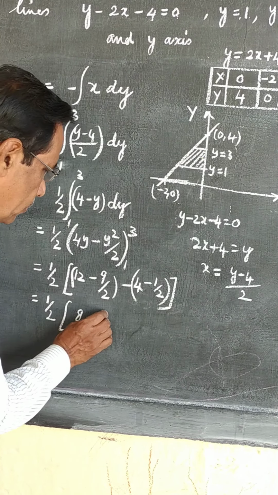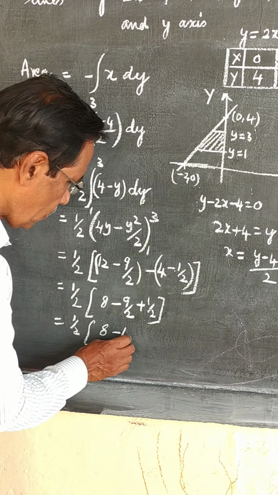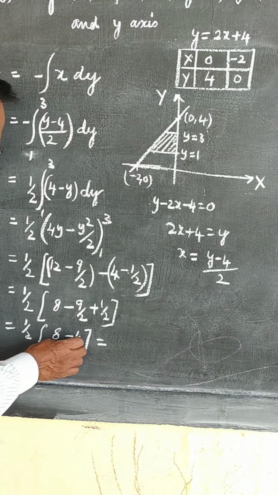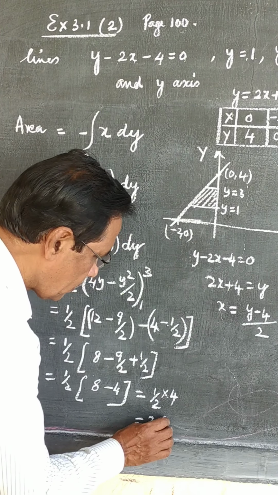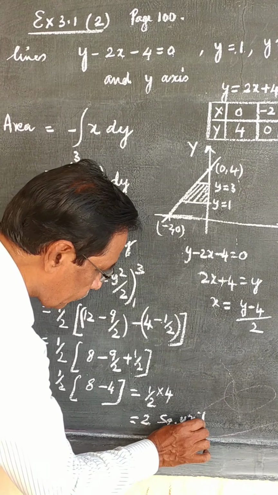That is half of 8 minus 9 plus 1 minus 8, minus 8 by 2. Minus 8 by 2 is minus 4. Therefore 8 minus 4 is 4. 4 by 2, that is 1 by 2 into 4, which is nothing but 2 square units.